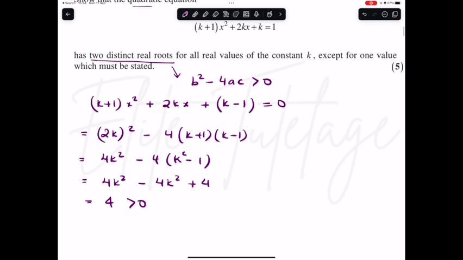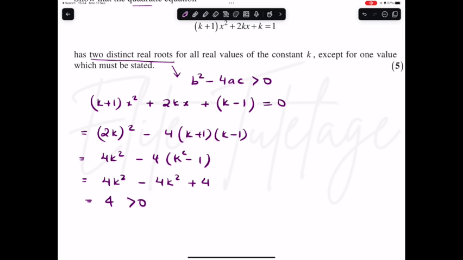Simple. So now we have to think, though, for what value wouldn't it be true? So if you think about this being true, let's think about for what value of k is it going to work.